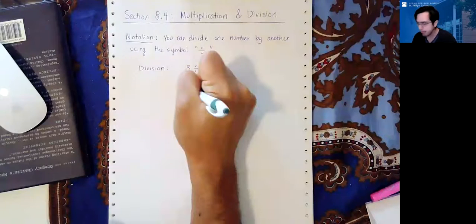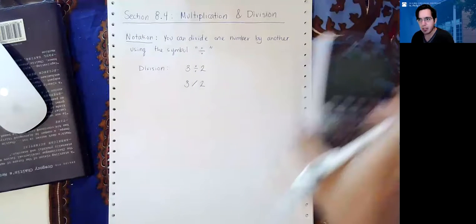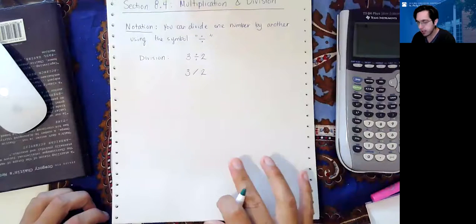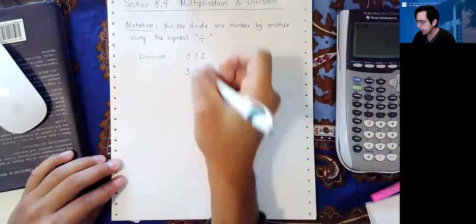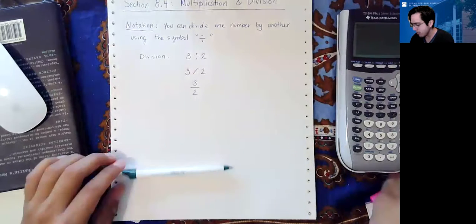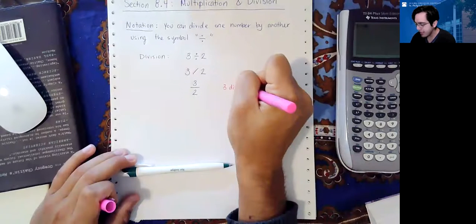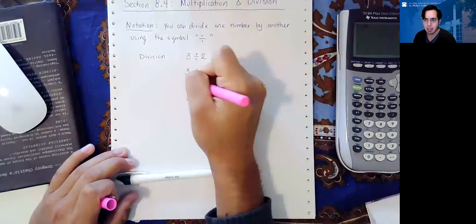That means divide. And then in some computer programming languages, you might also see this written as a fraction, right? 3 over 2 can be interpreted as 3 divided by 2. And this is how we need to get used to seeing division written in this class and beyond.